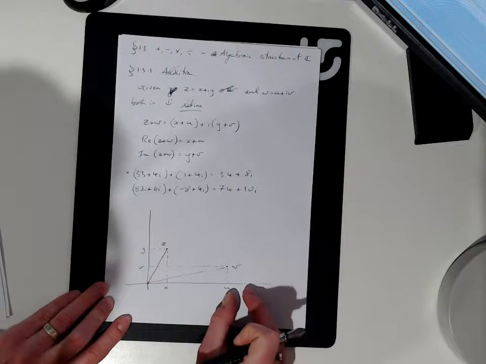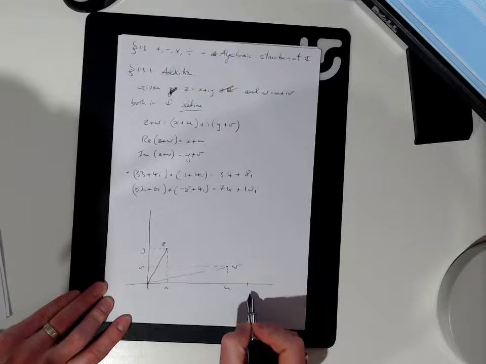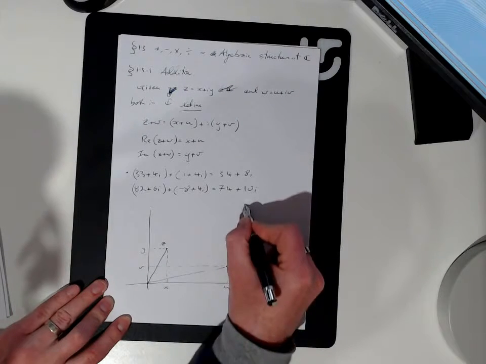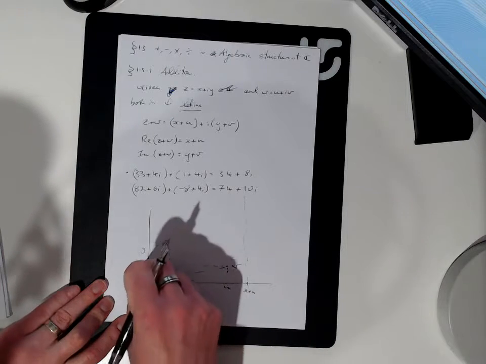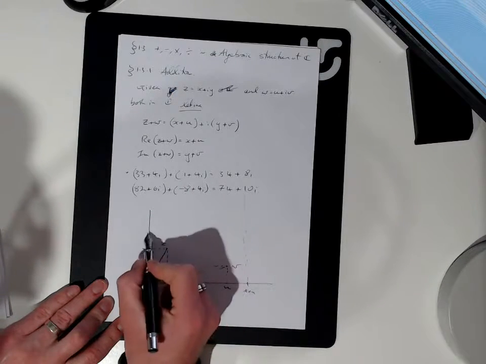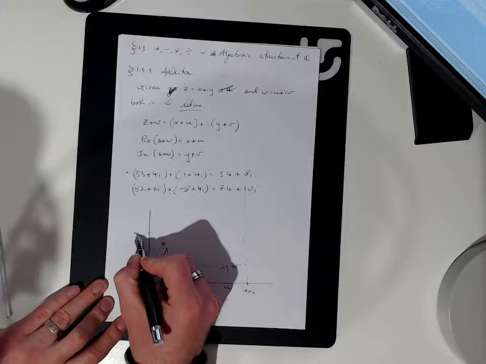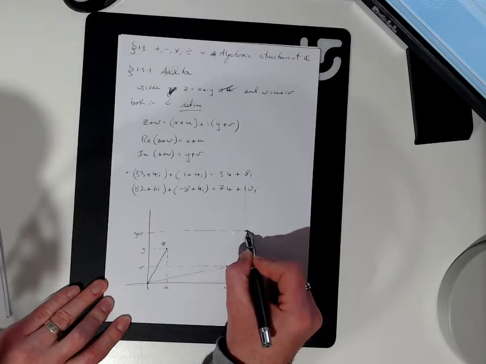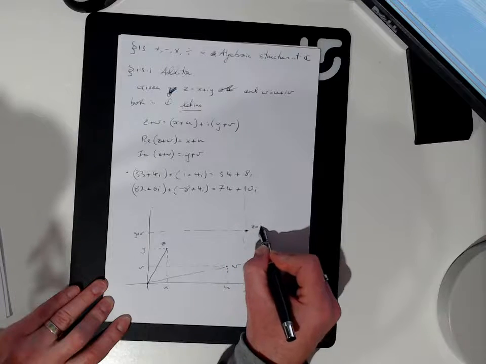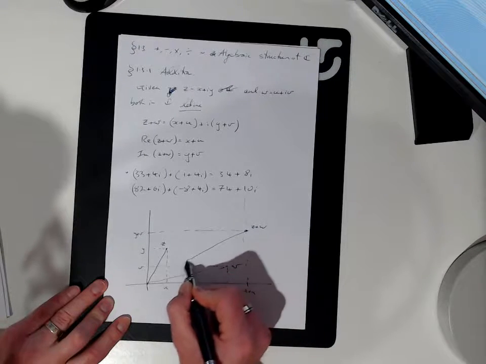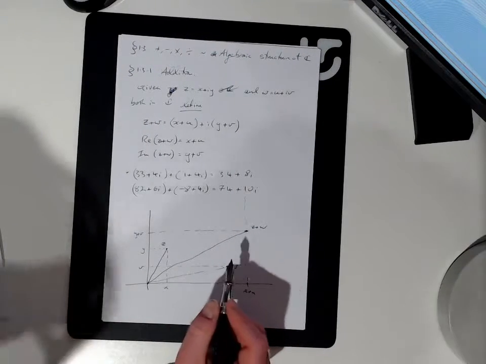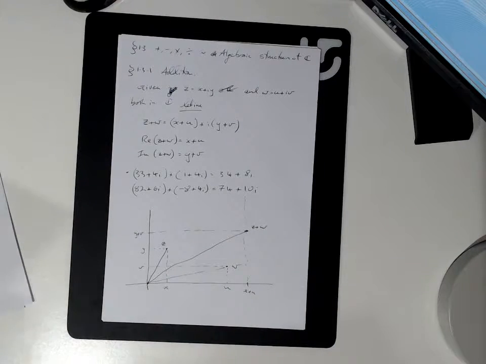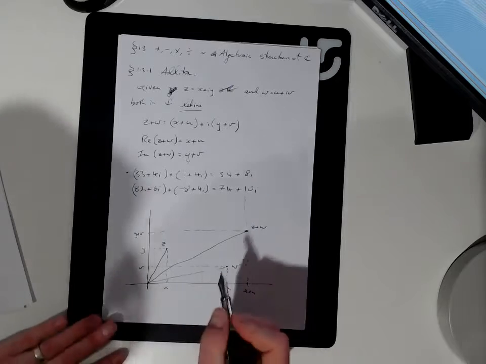x added onto u, v added onto y, z plus w. Okay, so the interesting thing to note about this is if you happen to have seen addition of vectors, then this behaves the same way.